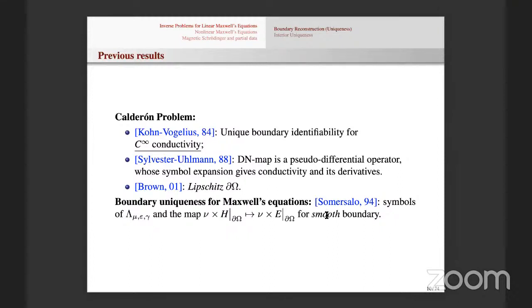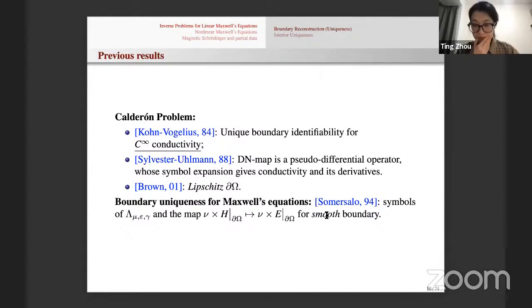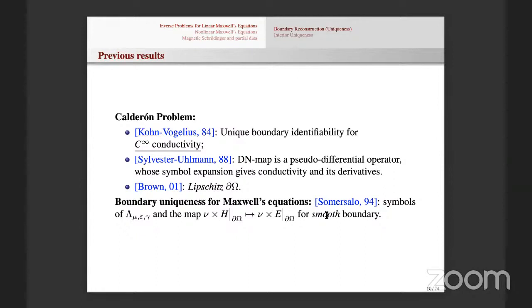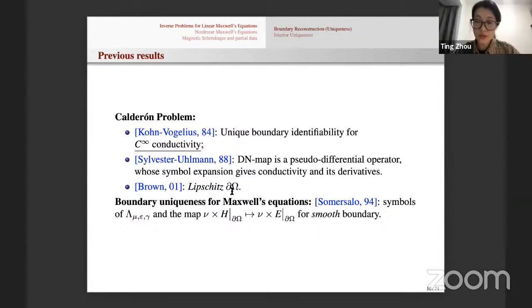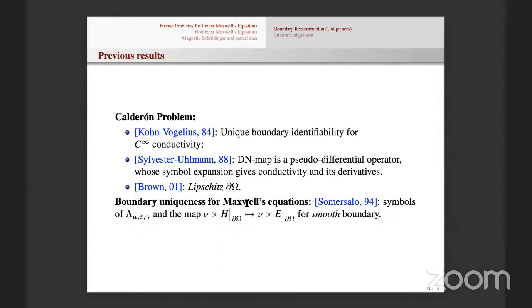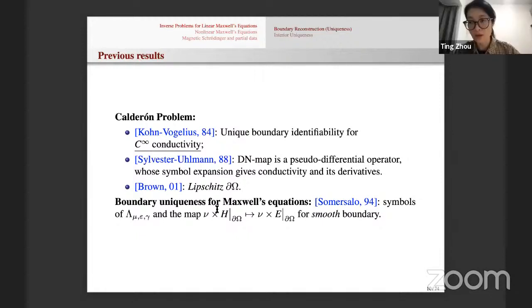Can I ask you a question? Yes, of course. Go ahead. In Brown's paper, for the Lipschitz case, he assumes a C infinity conductivity. No, here you can assume it to be C1. I see. It can be any kind of regularity, I think.